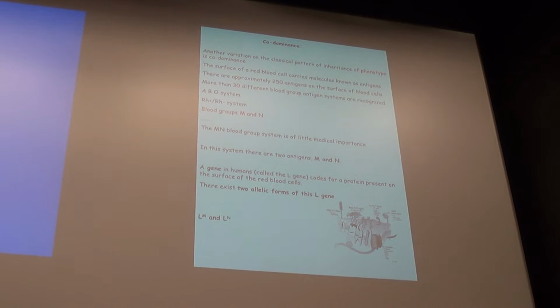If Mendel's rules are correct, it'll be either M or N, one or the other expressed on the surface. Well, in effect, what you find is that both are expressed. And that's why we call it codominant.